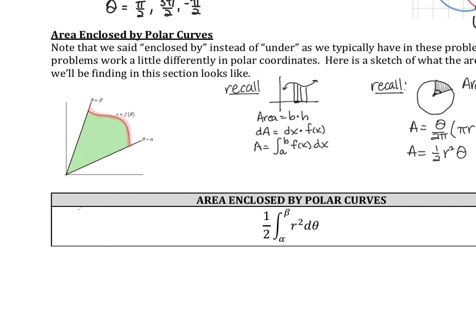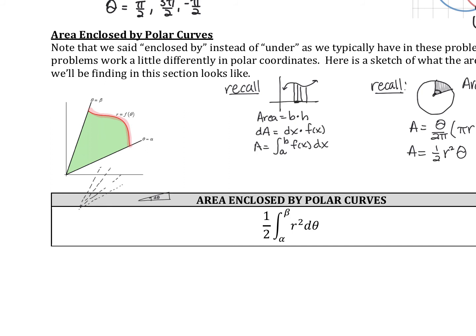We're going to divide this region into multiple tiny sectors. We'll make this angle so small, we'll call it d theta, that essentially they are sectors.